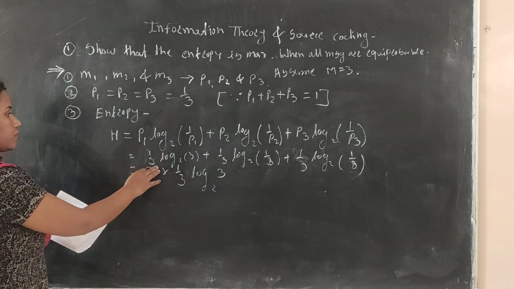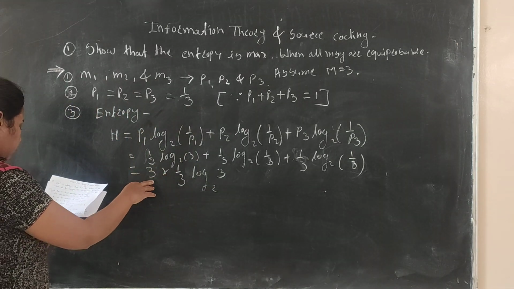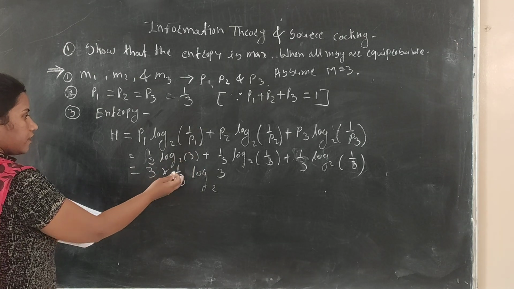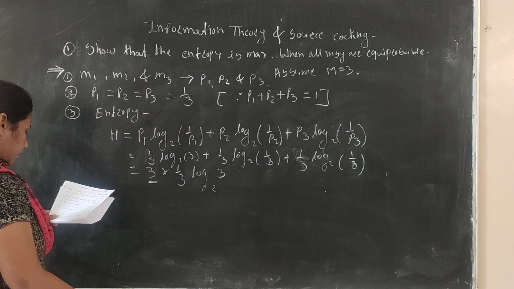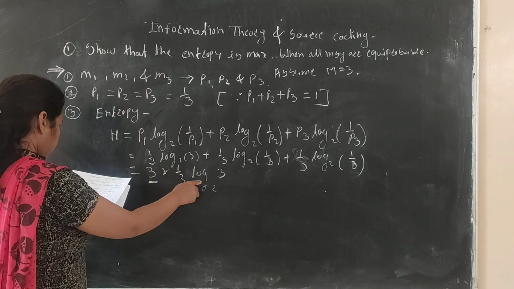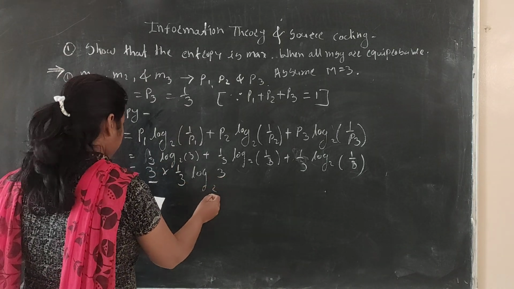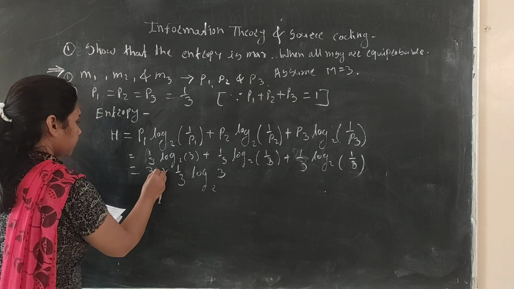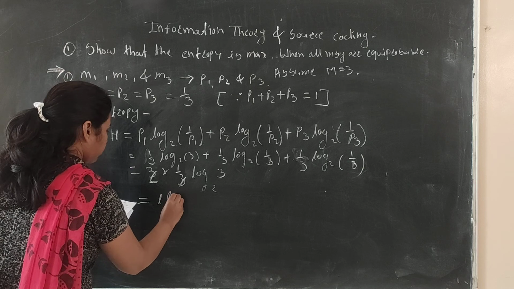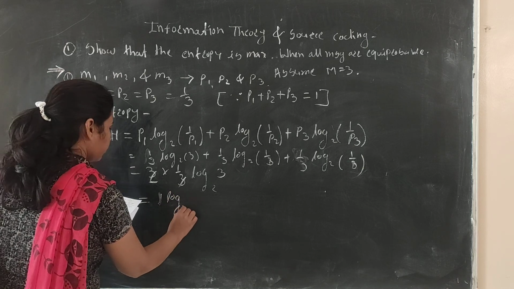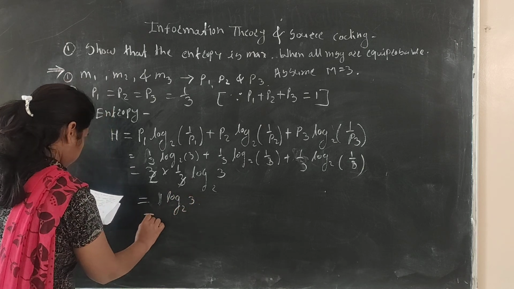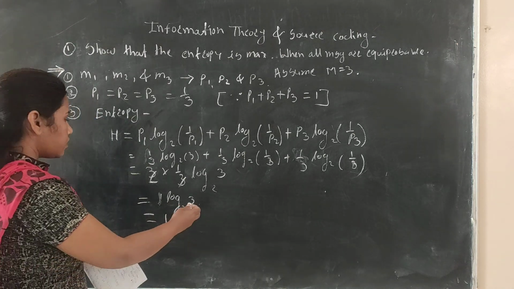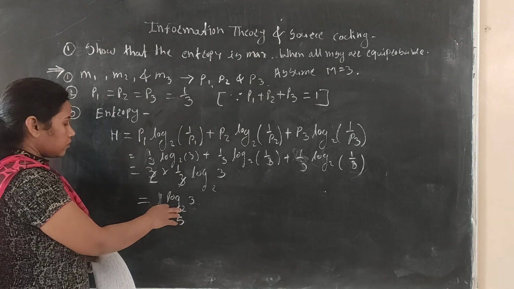Instead of writing 1 by 3 log to the base of 2 of 3 each time, we directly write, for these 3 terms, 3 into 1 by 3 log to the base of 2 of 3. Here the 3 gets cancelled, and we calculate log to the base of 2 of 3 on the calculator using the log button.